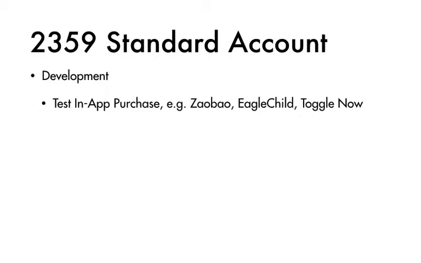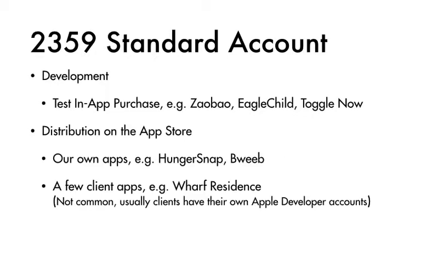So we use it for some of our own internal apps, for example Hunger Snap, and there's a beep. I think the beep was done by, can't remember who. But it's available in the App Store and you can download them. We also have a few clients who use our account, but it's not very common because usually clients have their own Apple developer accounts.